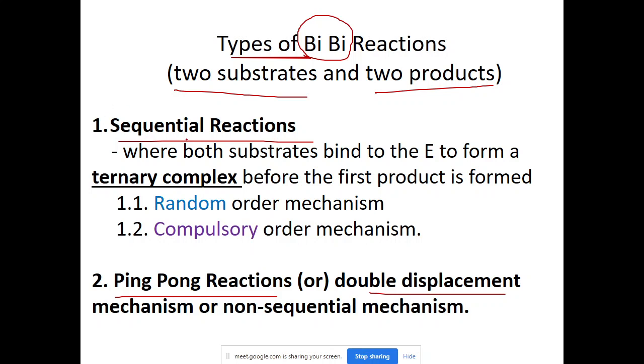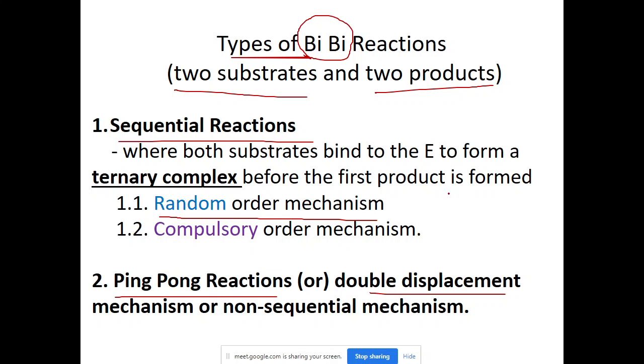In terms of a sequential reaction, it is further divided into two types. One is the random order mechanism, which means there is an order, but that order happens randomly. On the other hand, in the same sequential manner, there is a compulsory order, where both the substrates bind to the enzyme to form a ternary complex before the first product is formed.